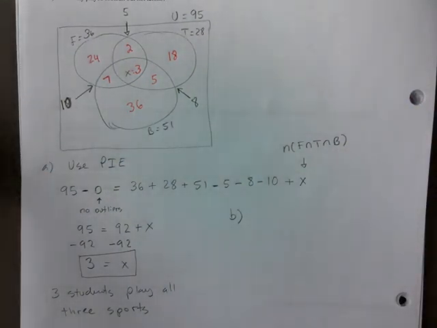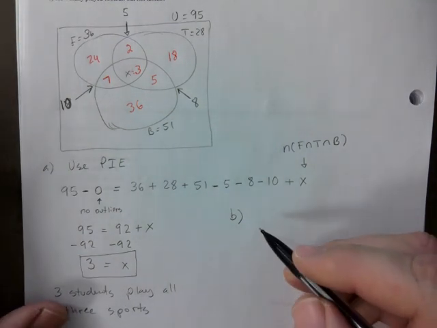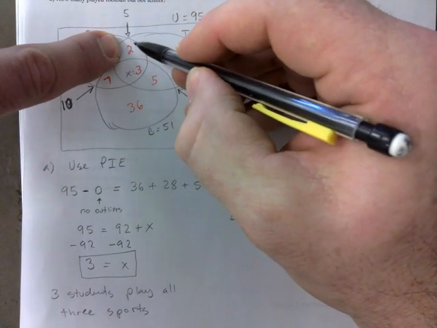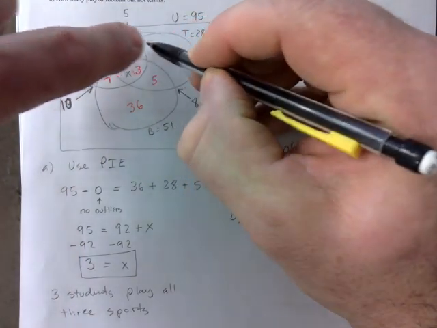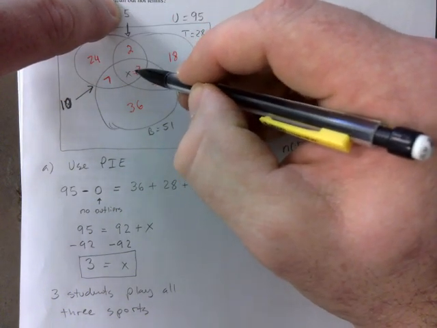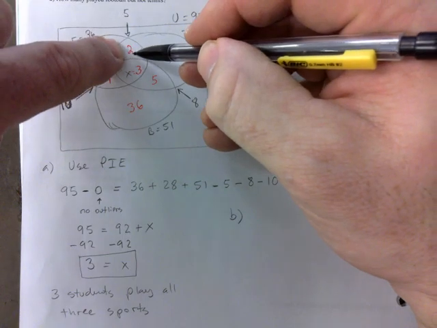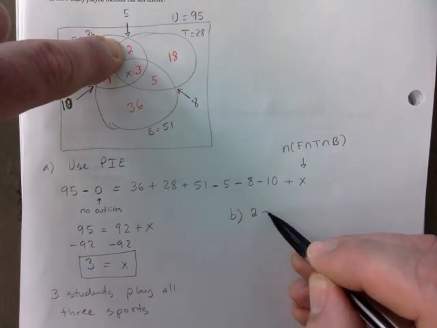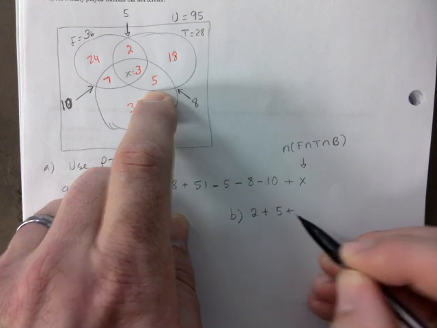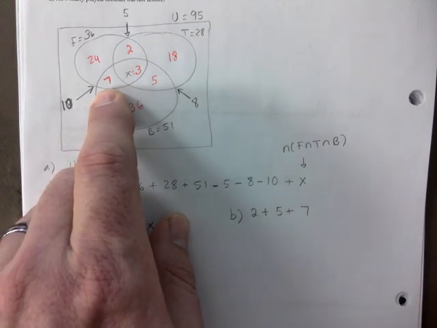I can continue answering my question. How many like exactly 2 sports? It's these numbers right here, guys. Watch. These 2 like exactly only 2 sports. Right? If you said 5, then there could be some that like that third sport. So it's just the 2 plus the 5 plus the 7.